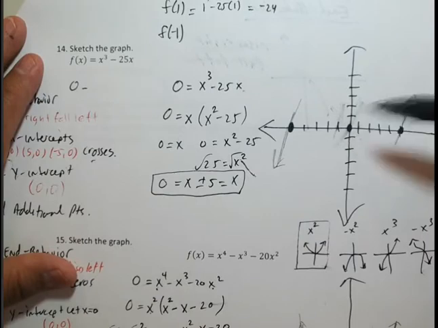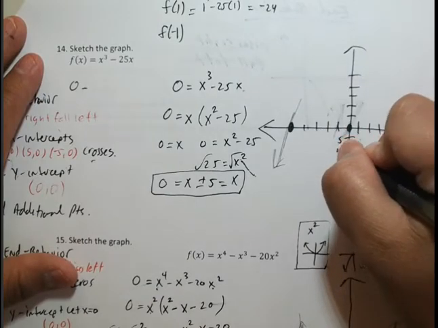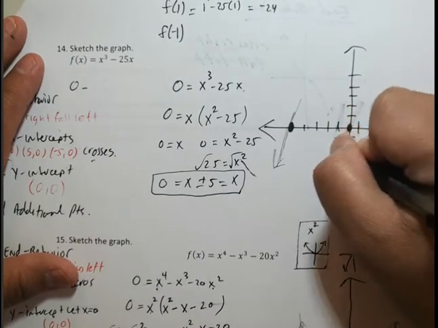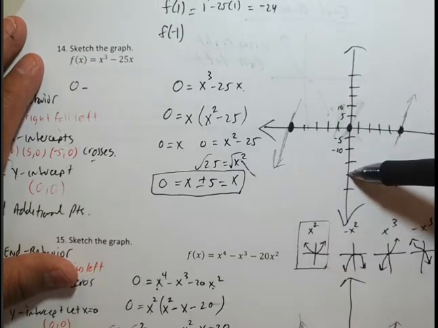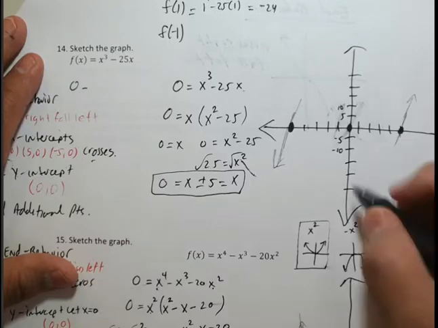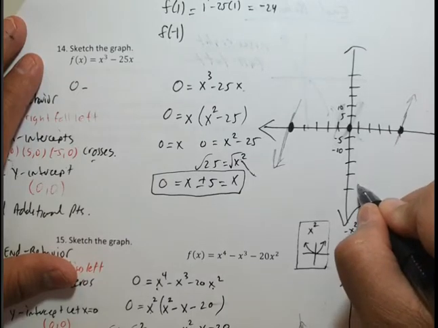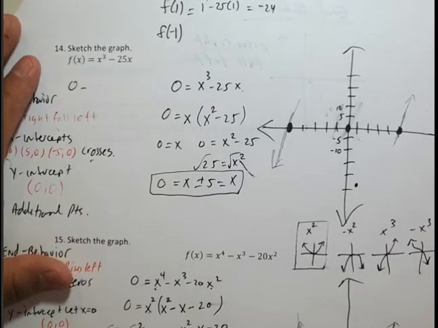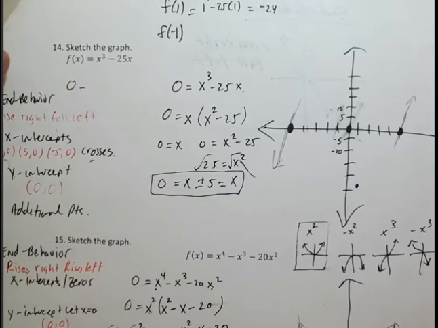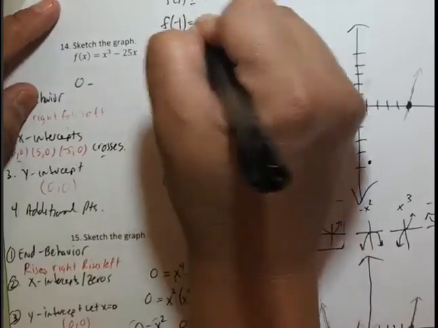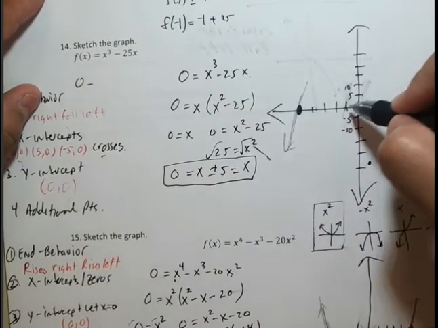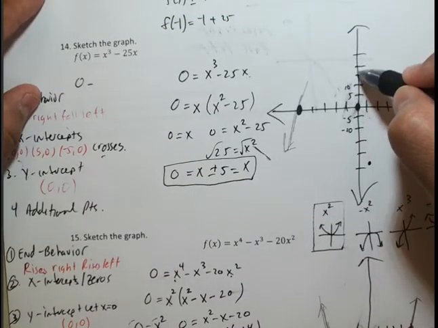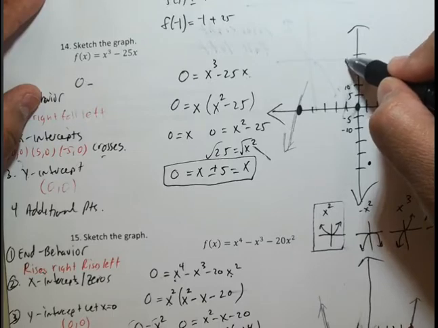So I'm going to do by 5s. So that's 5, 10, 15, 20. We get 24, so maybe like somewhere here. And f of negative 1 would be a negative 1 plus a 25, so that's positive 24. 5, 10, 15, 20. So maybe around here.